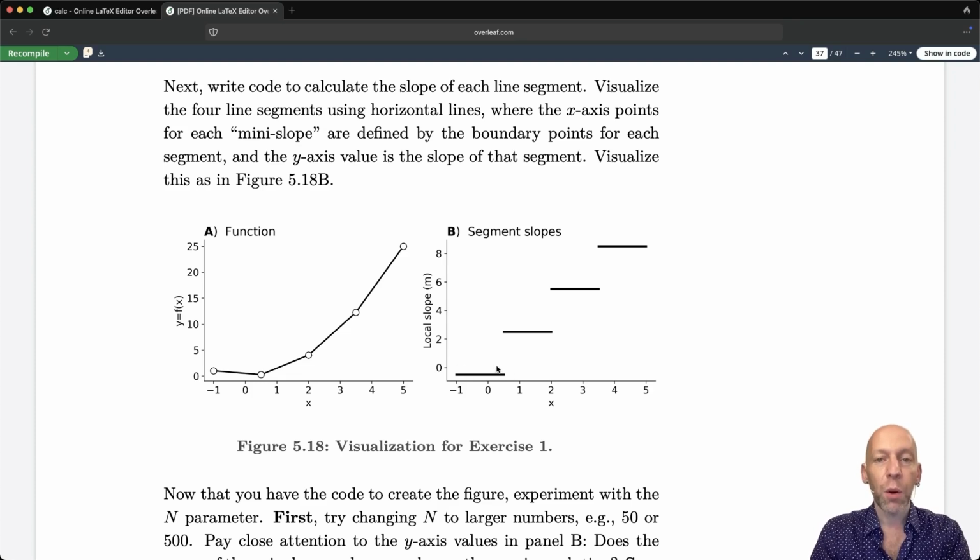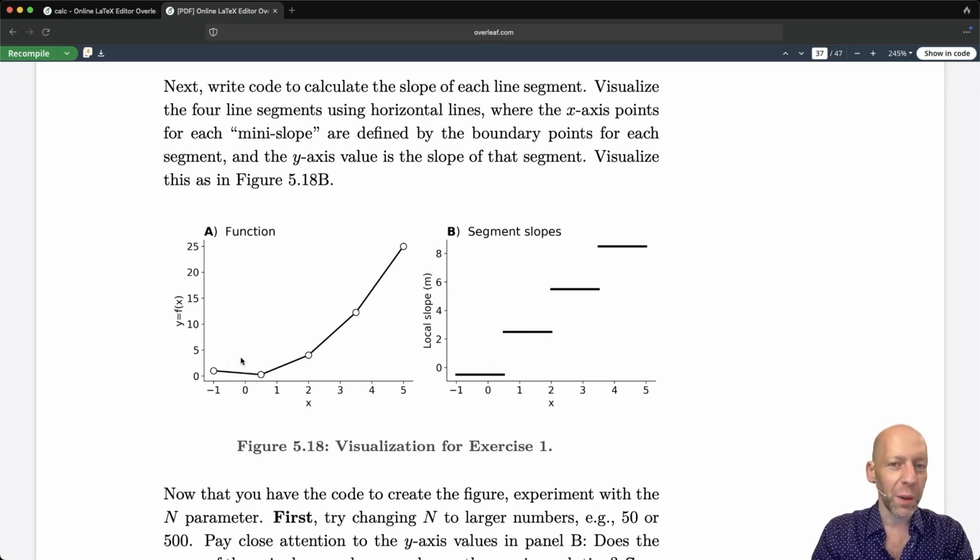And now these horizontal lines indicate the slope of each of these line segments. So this line segment over here has a slope of, whatever this is, 8 point something. And this line segment over here, it's the second line segment in this plot, and its slope is, whatever this is, 2.5, I don't know.